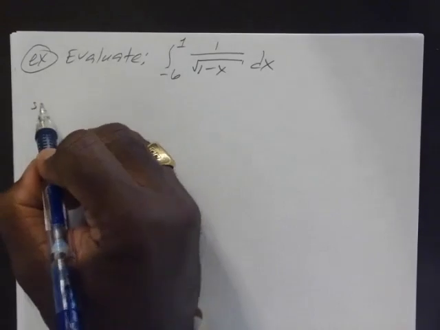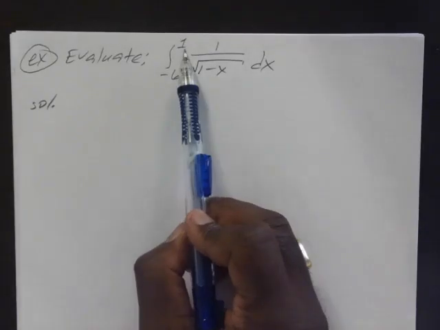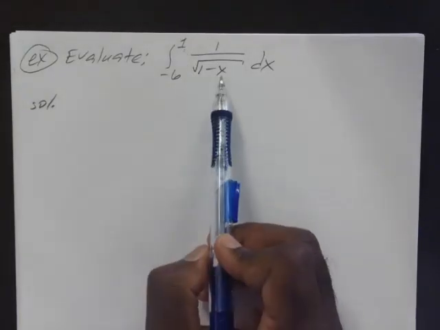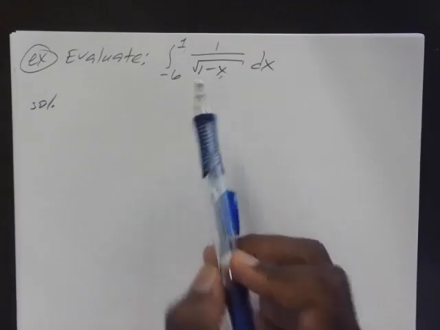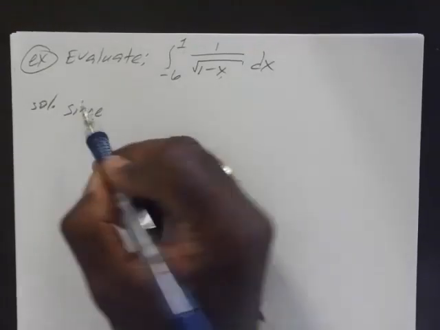With this one, the first thing you notice is that if you plug in x equal to 1, it would be undefined. It would give you a denominator of 0.